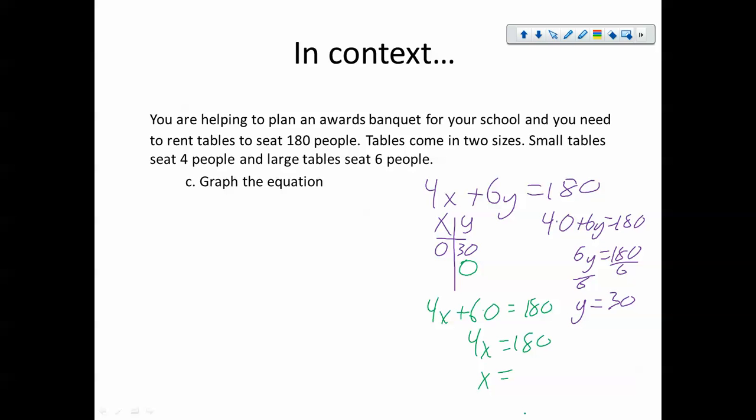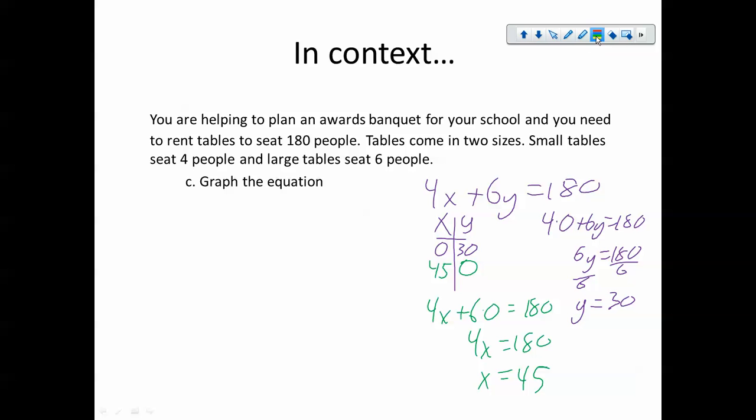It's not a really easy one. 160 divided by 4 is 40. Add 5 more to that, so it's 45. 45 times 4 equals 180. So that's how many 4-seater tables I would need.